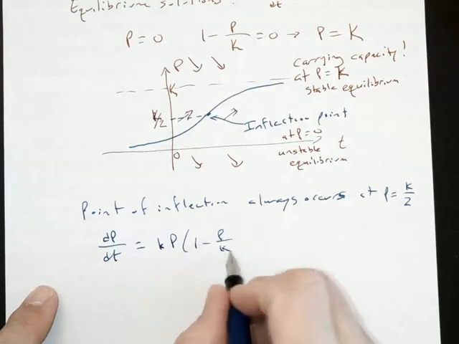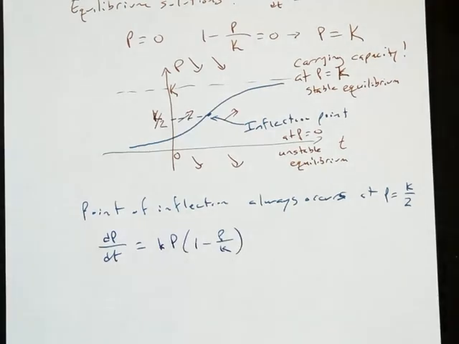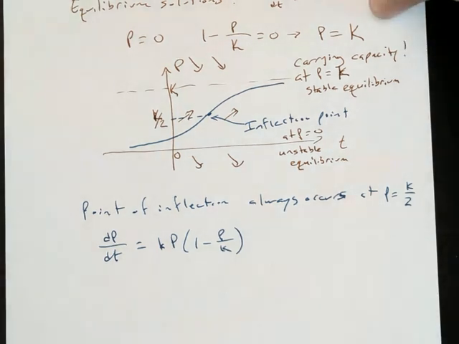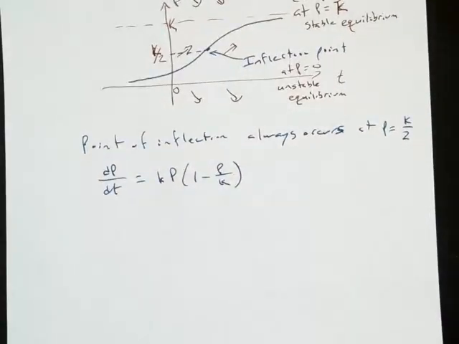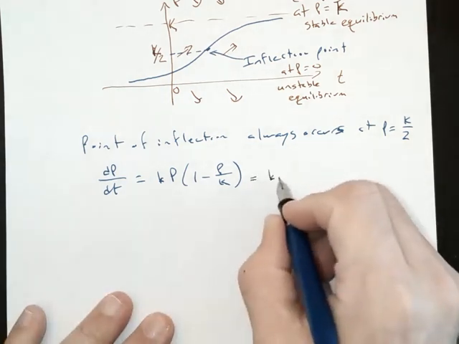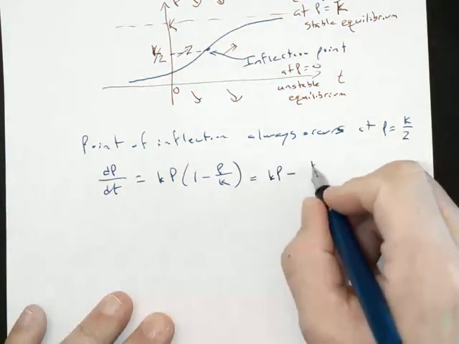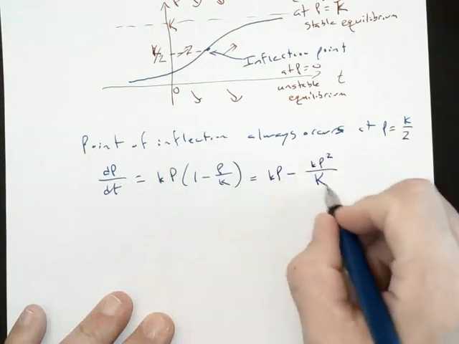What is the highest power of P in this equation? If I multiplied all that out, that's a quadratic equation.